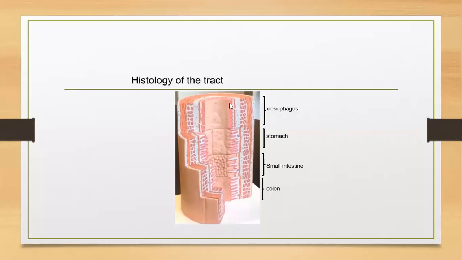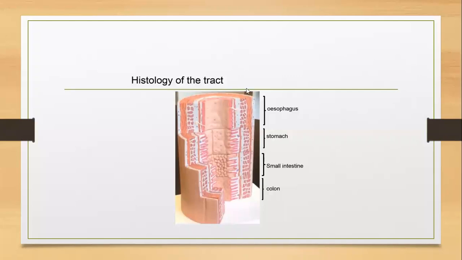Within the esophagus, remember, this is where we swallow, where we need peristaltic movements to push down a food bolus. And the food bolus has just been formed from the mouth, made up of solid food. So it requires powerful muscles to contract and push down the food bolus.